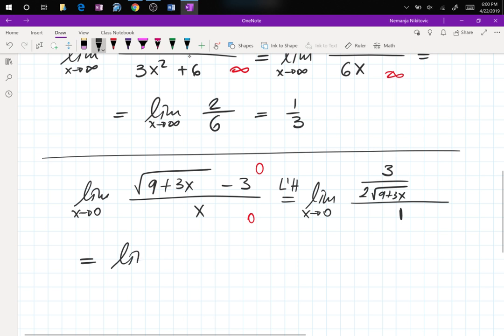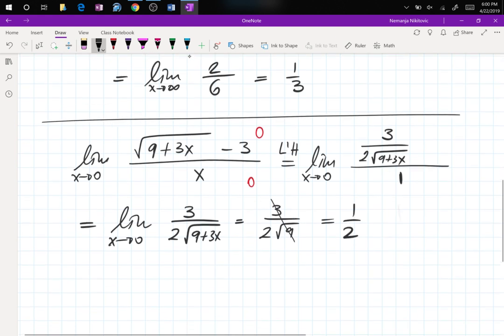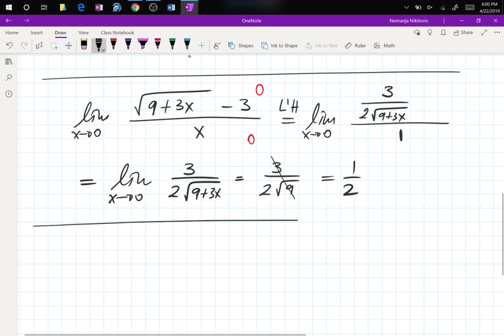This becomes the limit as x goes to 0 of 3 over 2 square root of 9 plus 3x. When you plug in 0, the 3x dies, and then you have 3 divided by 2 times square root of 9. This cancels and you get 1/2. So we have 1/2 on that one.